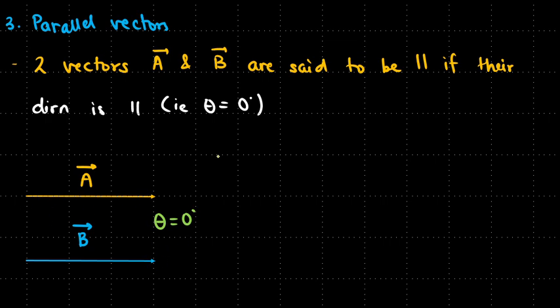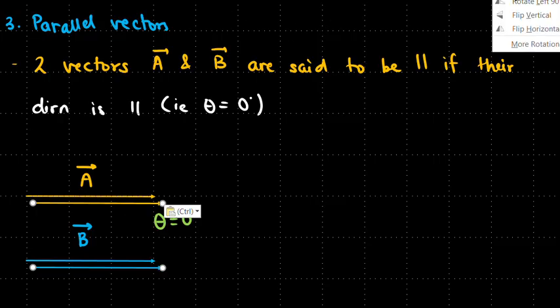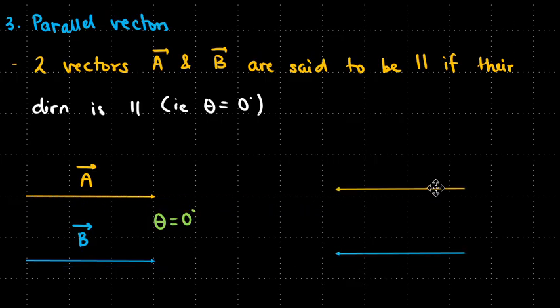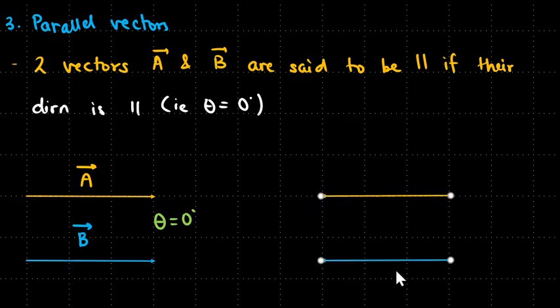So this will be parallel vectors. Also, I can rotate them. Let's rotate them, keep them right over here, and this will also be two parallel vectors since both the directions are in this direction.